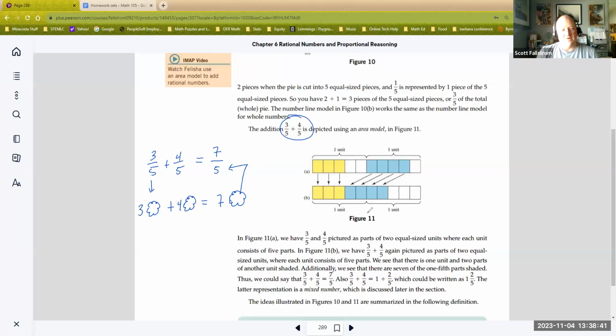The other piece to think about is when you recognize in the image that you have made one whole unit's worth and you have some remaining pieces, another way you could write this would be 1 with 2. Oops, lost my pen there. Give me 1 second.